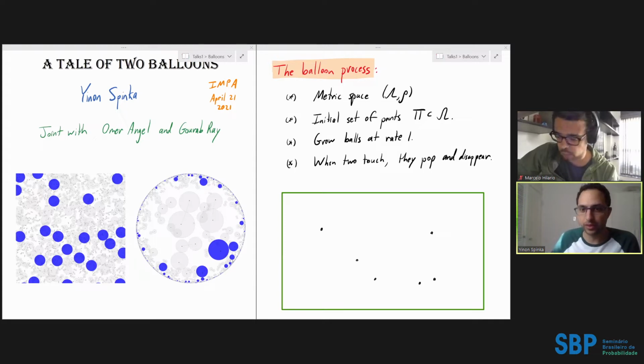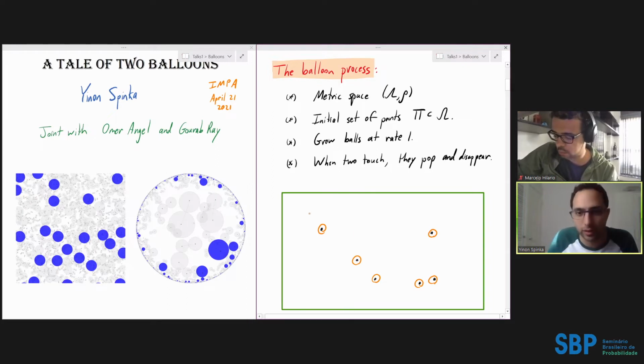These are depicted in the picture below, say these 6 points. What we do in this process is we start growing balls around these points as centers. These are our balloons. And we grow these at rate 1, everywhere, always. Perhaps after a small time, these are our balloons.